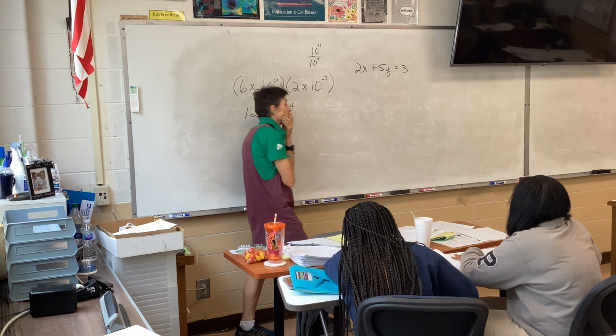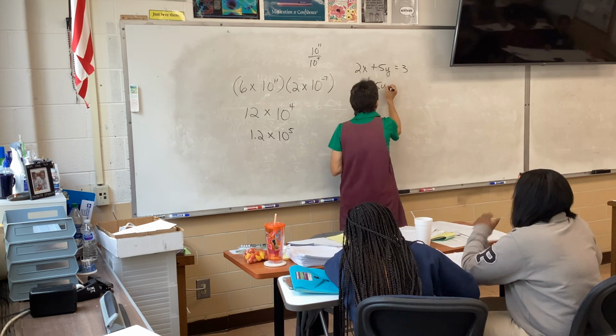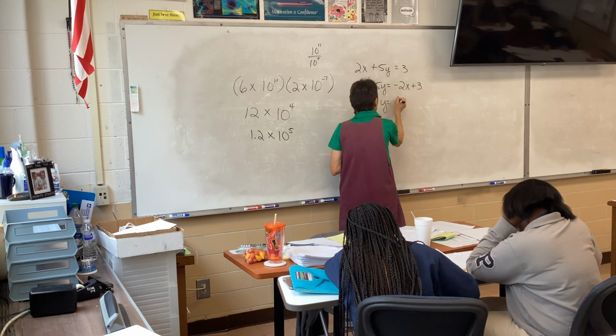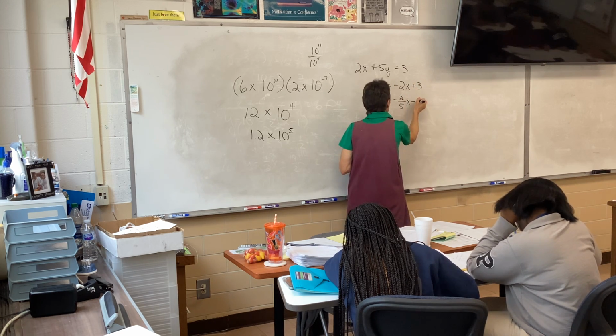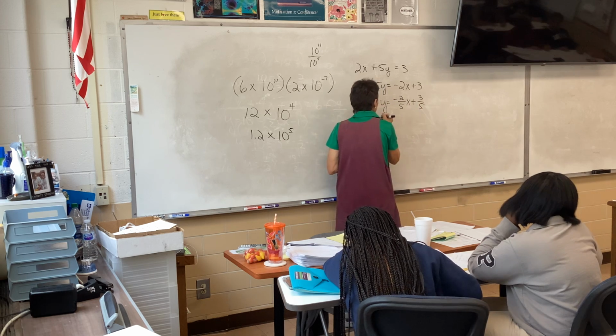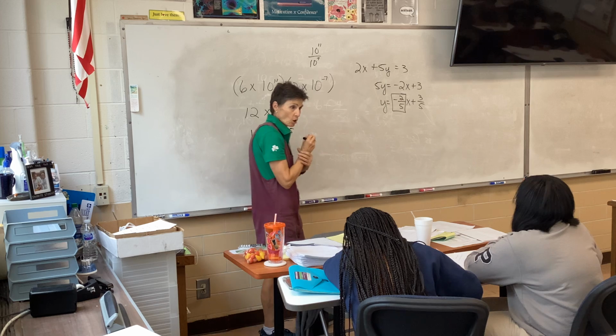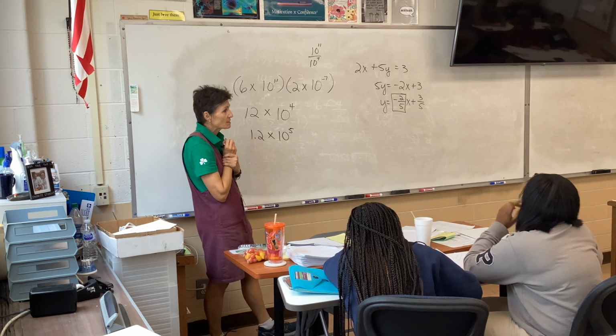Charlie? Get y by itself. Because getting y by itself puts the equation into slope-intercept form, and then you can see your slope, mx plus b.